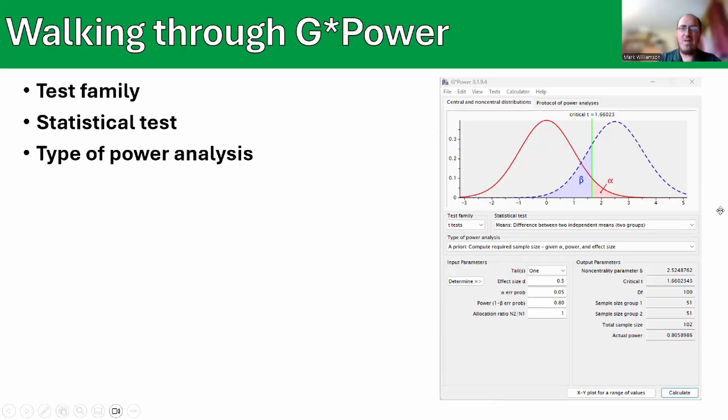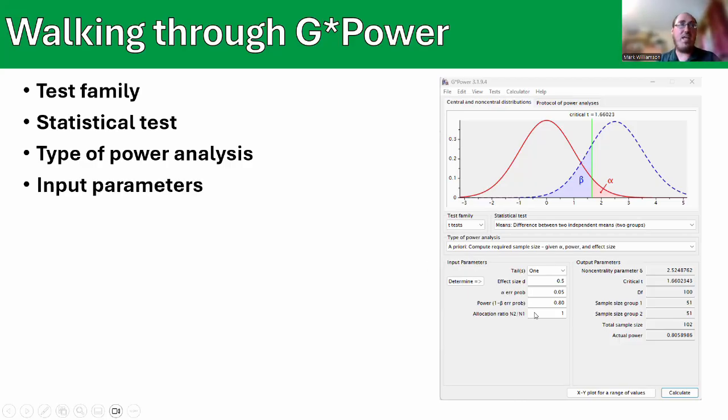You need to figure out the type of power analysis. Turns out there's 4 different types of power analysis. It depends on which one you want to get out. The functional description was we want sample size. So G-Power calls that a priori, where we calculate required sample size given those other 3 metrics. So we can typically just keep that set like there.